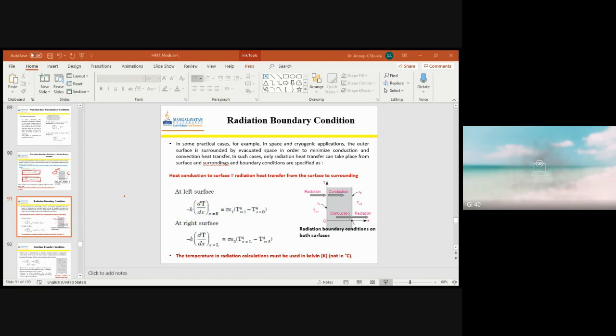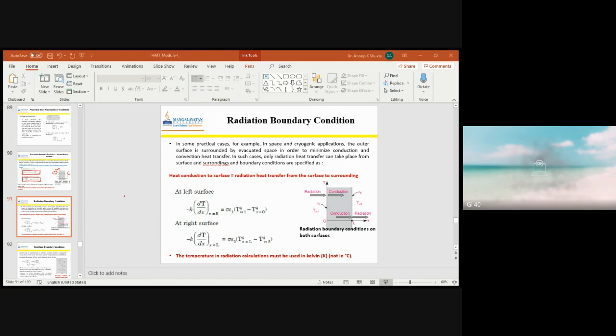So these are the important boundary conditions.